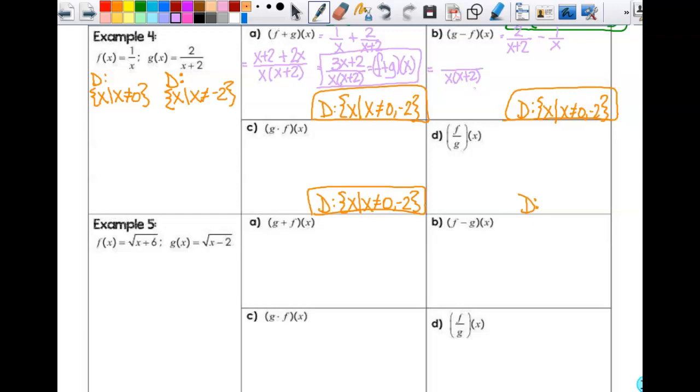So this has to be multiplied by x over x, so that gives me 2x, minus, then this has to be multiplied by x plus 2 over x plus 2. This is x plus 2. My denominator is still x times x plus 2.